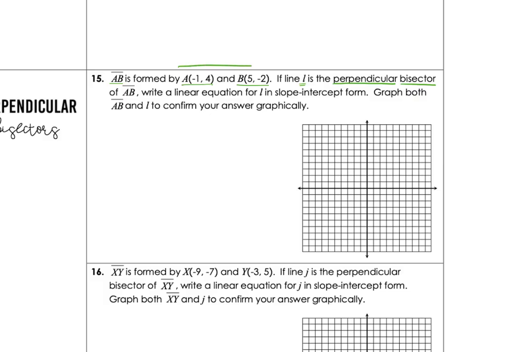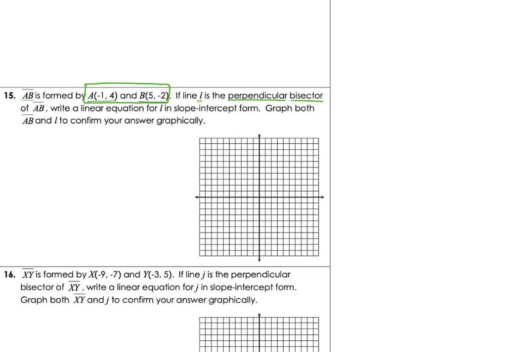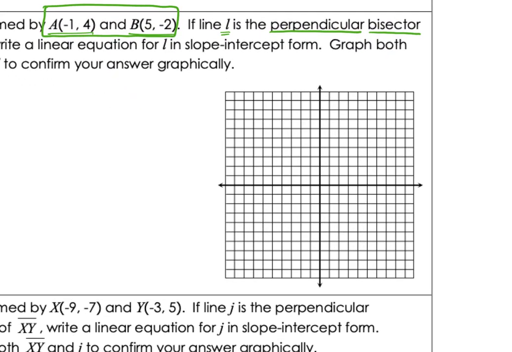So let's start here. We have these 2 points. A is (-1, 4). Be careful when you graph these. I think sometimes people mix up their X's and Y's. If the number is (-1, 4), you're going 1 to the left, 1, 2, 3, 4, up, okay? And label it.